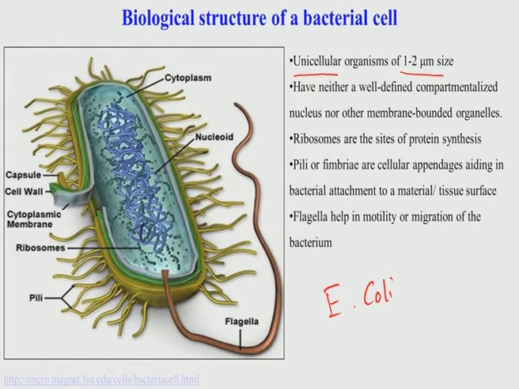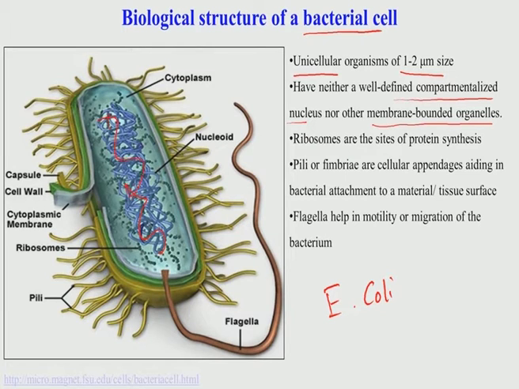The fundamental difference between the structure of a bacterial cell and that of a eukaryotic cell is that the bacterial cell does not have a well defined compartmentalized nucleus or other membrane bounded organelles, and typically they do not have any well defined nucleus.